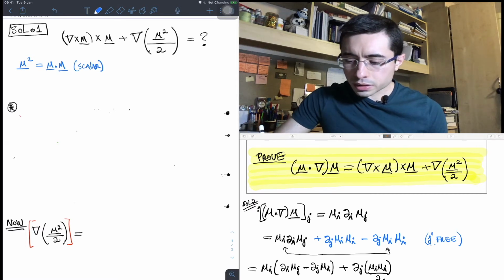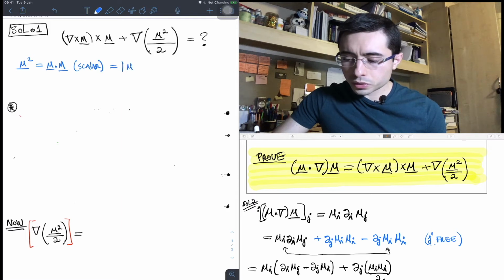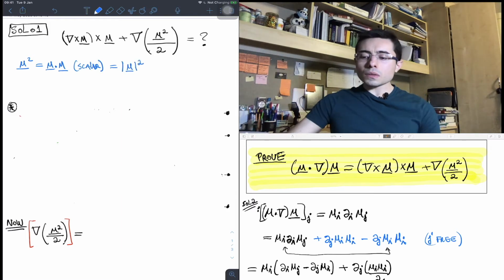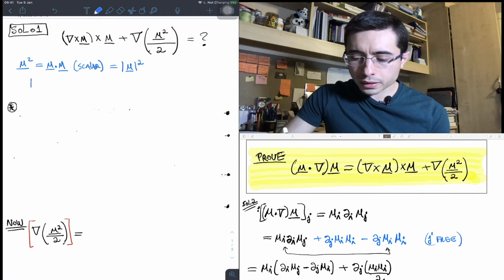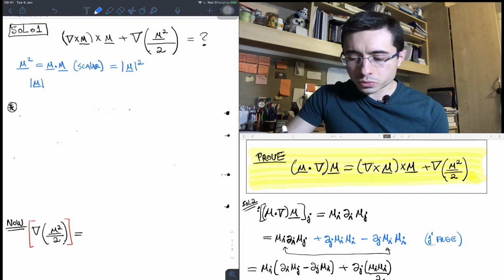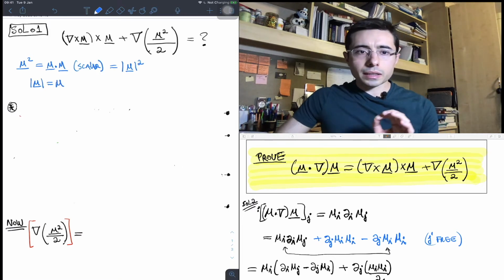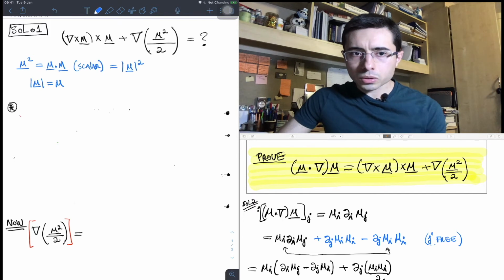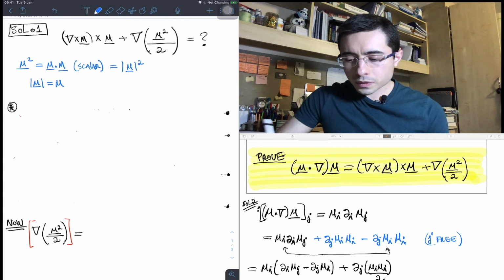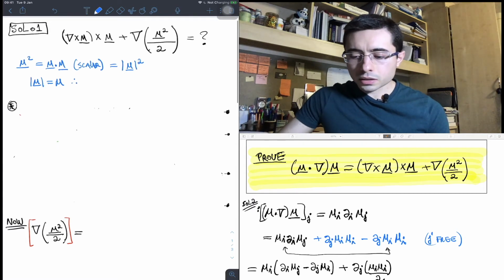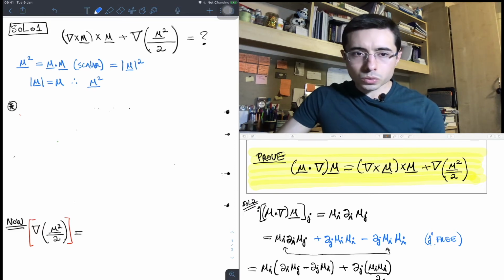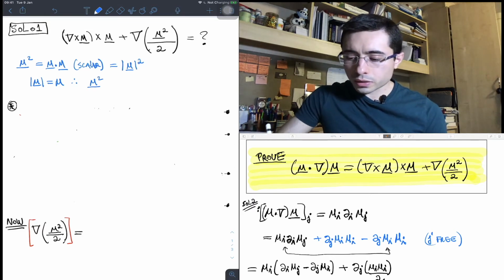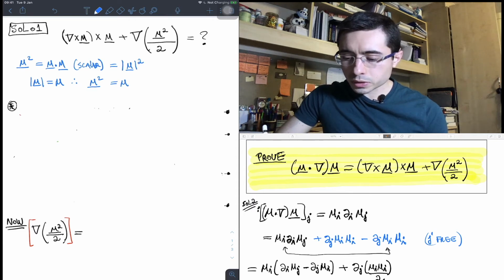In particular, this is equal to the modulus of the vector u squared. Just an observation: sometimes you need to be careful with the notation, because people write the modulus of a vector u to be u, and then you can confuse u with the modulus of u. In that case you could write u square, or you could also write the modulus of u square, so that's just like u square.